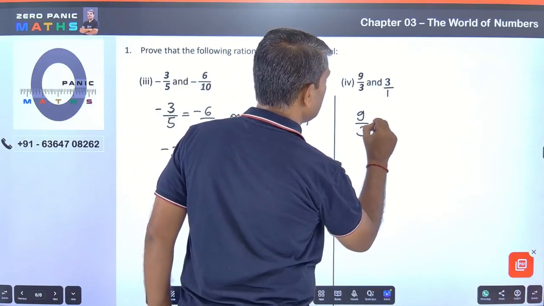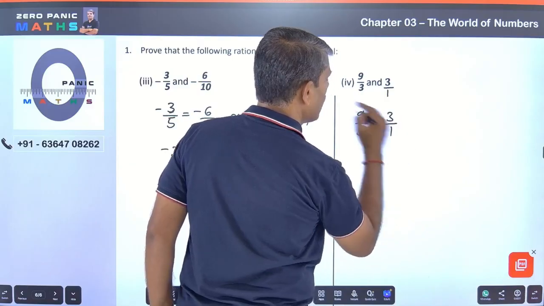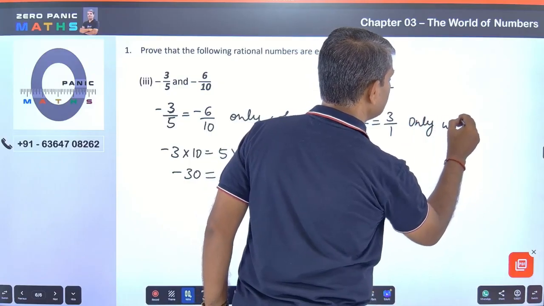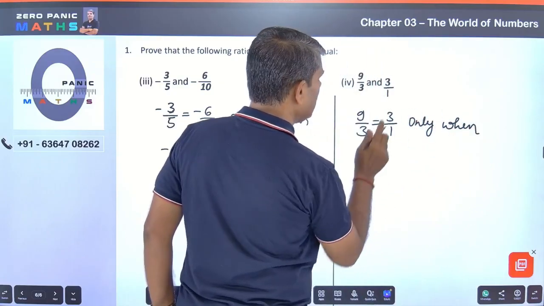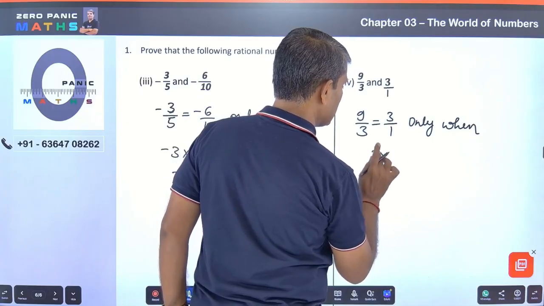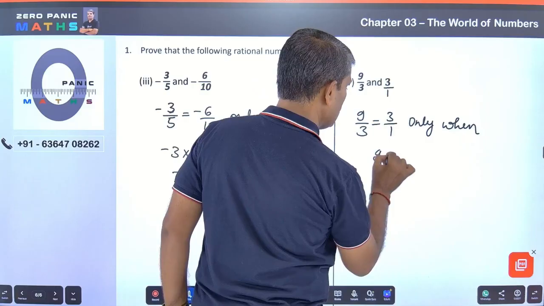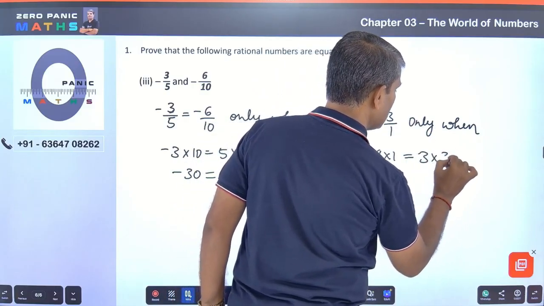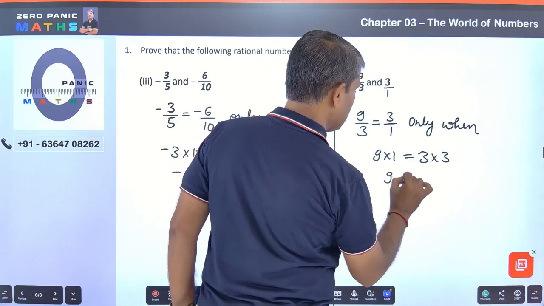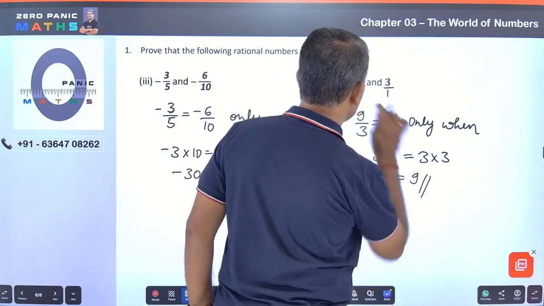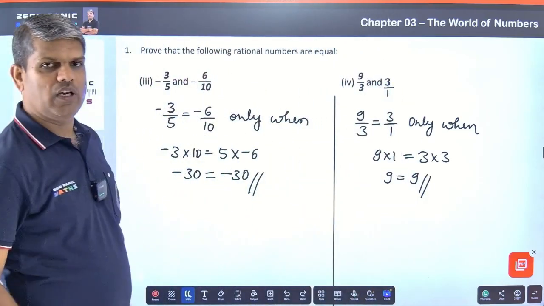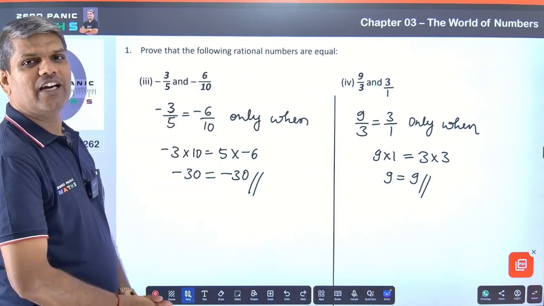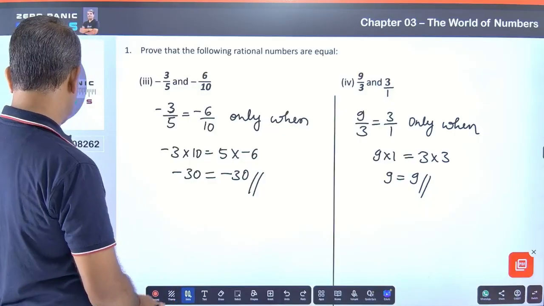So 9 by 3 is equal to 3 by 1 only when 9 into 1, that is A into D, and 3 into 3, that is B into C, are equal. It is 9 equal to 9. So therefore these two fractions are also equal. Understood, right? We proved it by the law of equality that was defined in this chapter.